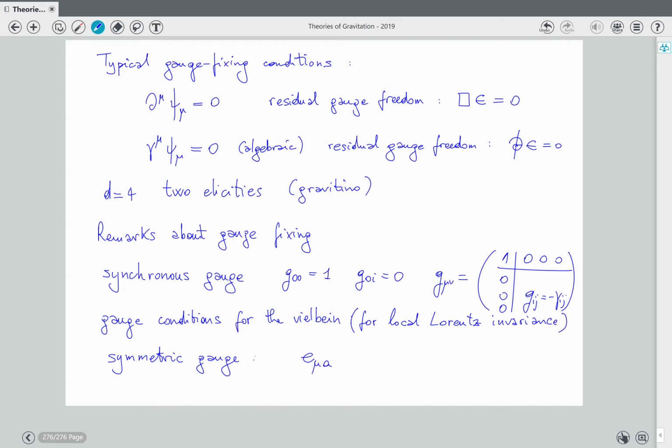Now, since gauge fixing has to break all gauge freedom, even diffeomorphisms, you can break both at the same time. You don't need a gauge fixing for the local Lorentz symmetry that does not break diffeomorphisms. So this one breaks both, and it says that e_mu^A should be symmetric.